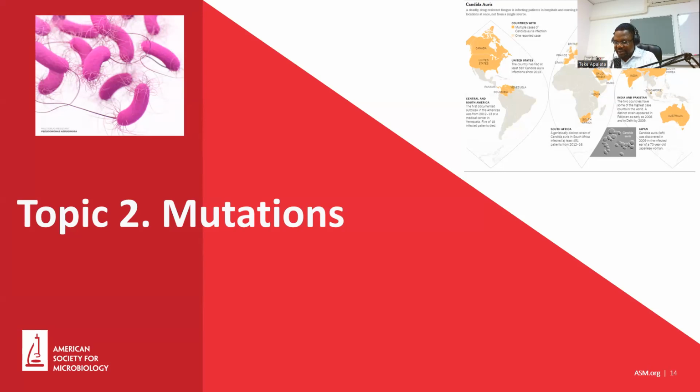Just to recap on selective pressure, you will remember that you have a microbial population, and within that population, there are some bacterial cells that carry a resistant gene.